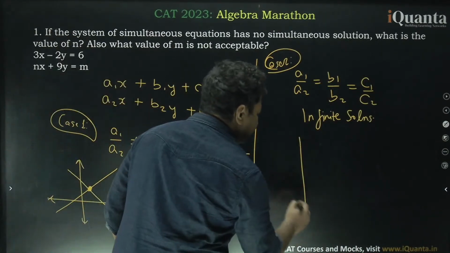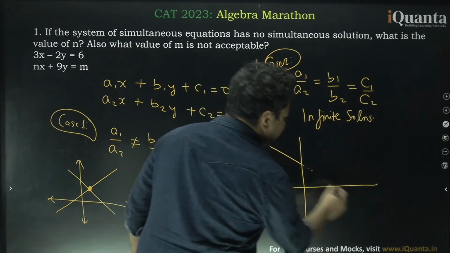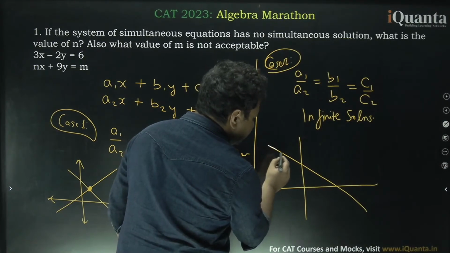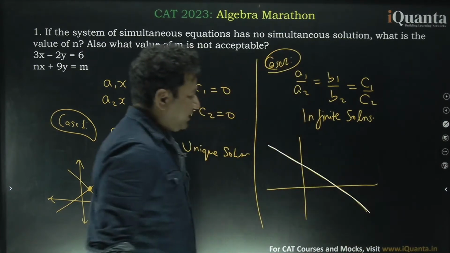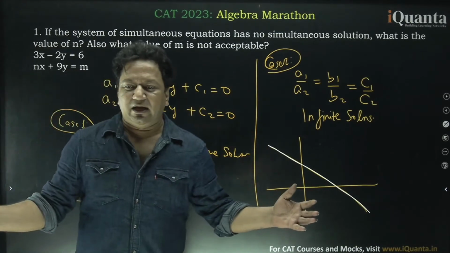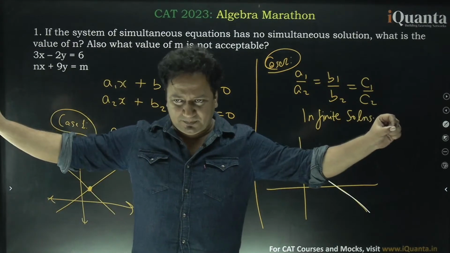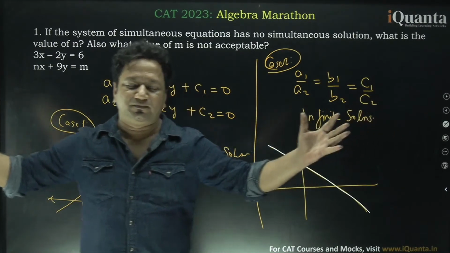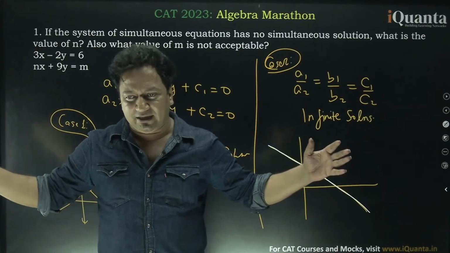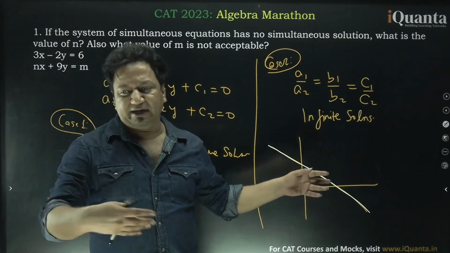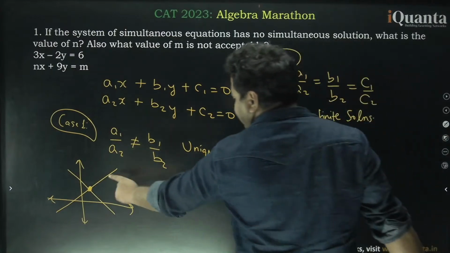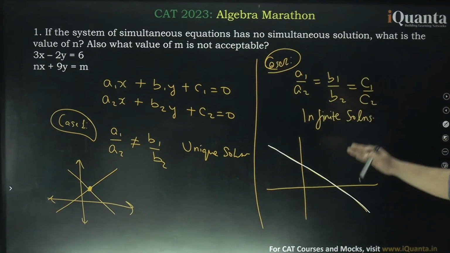Which means, if I draw the lines, if the first line is like this, the second line would be just overlapping it. See, so what is happening? These lines, white and yellow, are intersecting at all the possible points. And as a straight line has infinite length, there is no end point. It keeps on growing infinitely. That means these two lines will be intersecting at infinite points. We will be having infinite solutions. Cool? Graphically, case 1 has intersecting lines; in this case, graphically, these are overlapping lines.